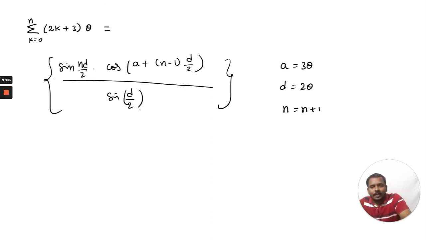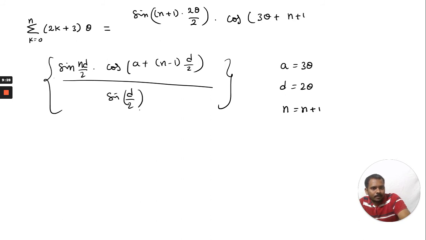So we can write sigma k equal 0 to n cos (2k plus 3) theta as sin((n plus 1) into 2 theta by 2) into cos(3 theta plus ((n plus 1) minus 1) into 2 theta by 2), and the whole divided by sin of d by 2, that is 2 theta by 2.